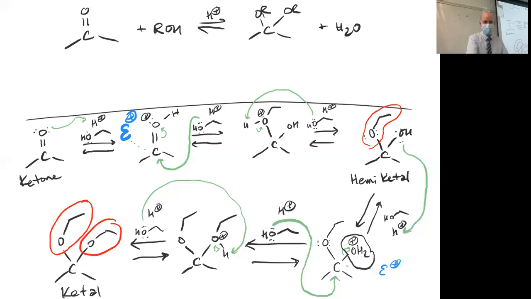So the way that that matters for us right now is that if you added a whole bunch of alcohol, which way would you shift this equilibrium? To product, right. And if I've got this ketal and I want to undo it, I add a bunch of water, in which case it'll shift it back towards starting material.